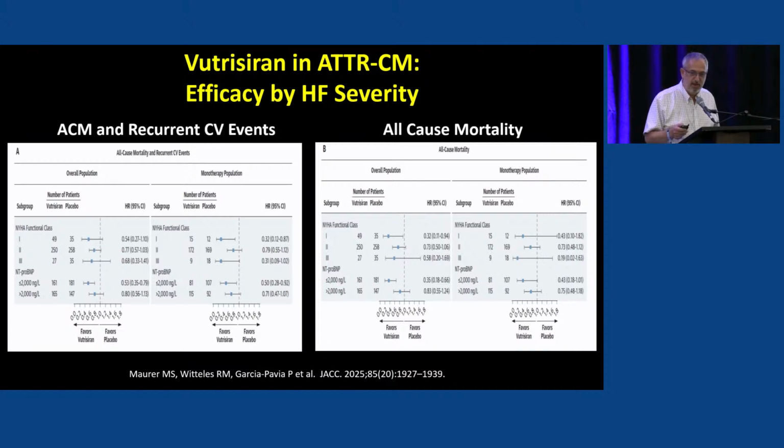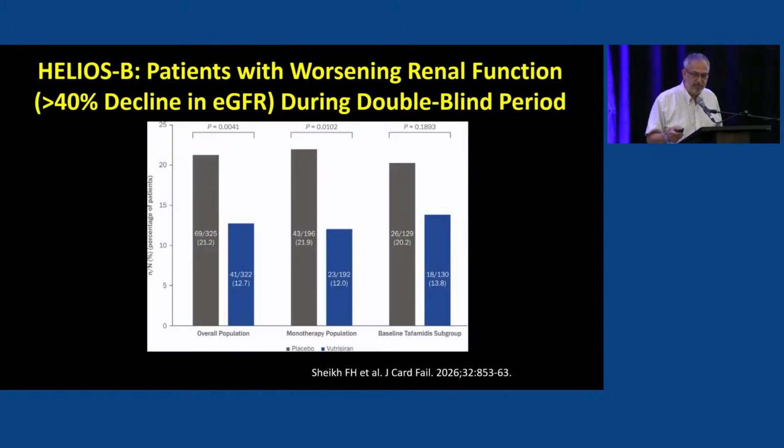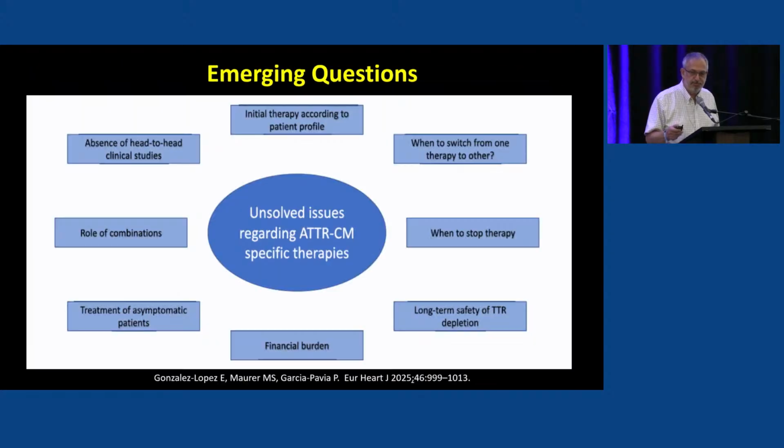So again, main message, try to find the patient as early as possible with this condition and institute therapy as early as possible. And this agent also seems to have some effect that's being promulgated and shown here with regards to declines in eGFR, in which there are much less declines in the eGFR, in this case using a 40% cut point in those who were assigned to active therapy versus placebo.